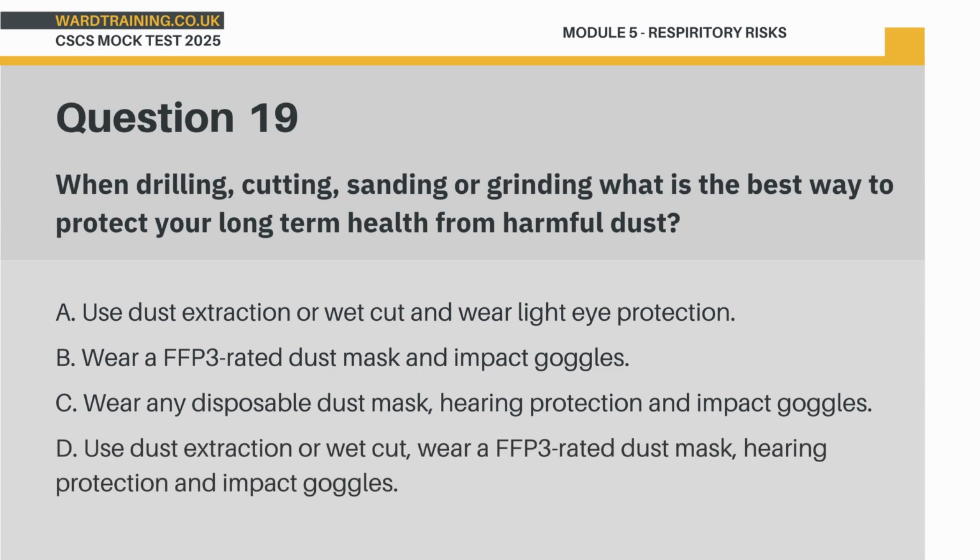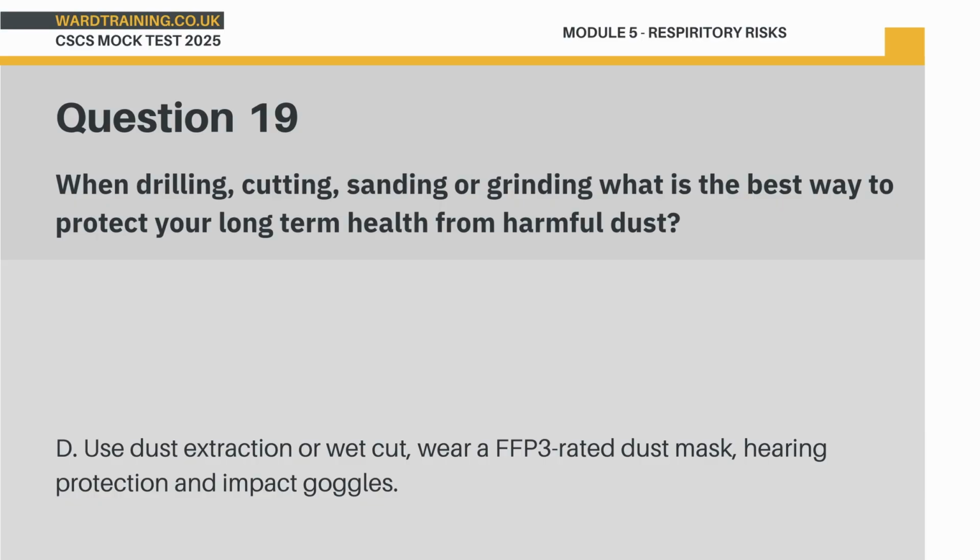D. Use dust extraction or wet cut, wear a FFP3 rated dust mask, hearing protection and impact goggles. The correct answer is D. Use dust extraction or wet cut, wear a FFP3 rated dust mask, hearing protection and impact goggles.